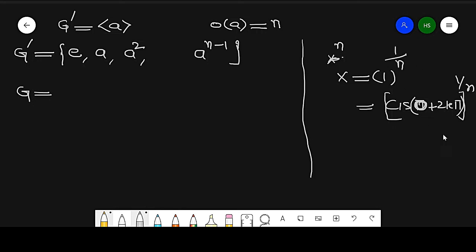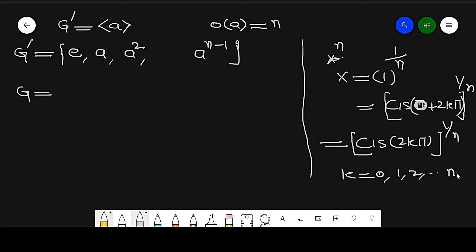This is cis of 0 plus 2k pi, raised to power 1 by n. So this is cis of 2k pi, raised to power 1 by n, where k is running from 0, 1, 2, and so on up to n minus 1. This can be written as e raised to power iota theta.